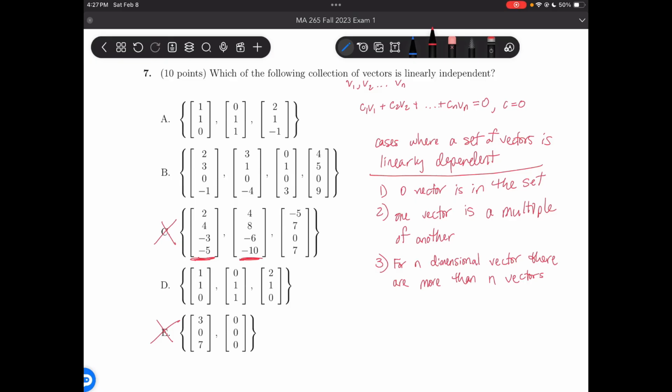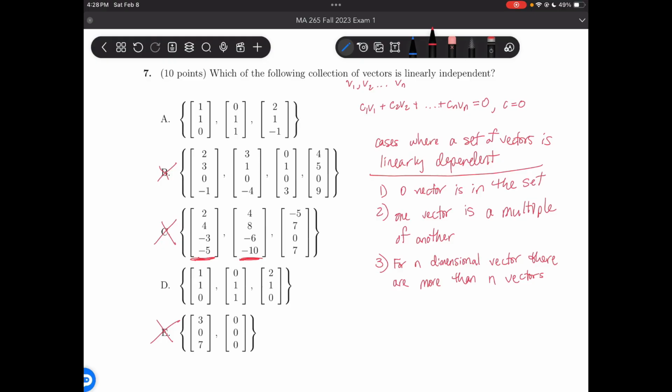I can immediately know that set must be linearly dependent because it's impossible to have a linearly independent set in n dimensions that has more than n elements. So in this case, the set of vectors that violates this rule is B.